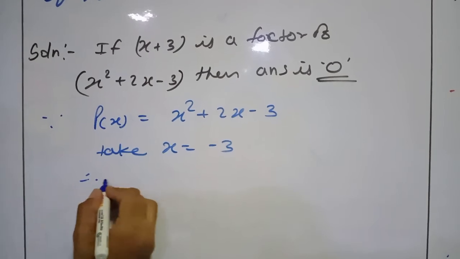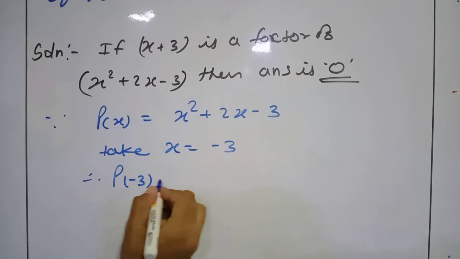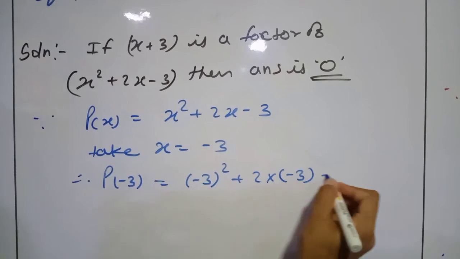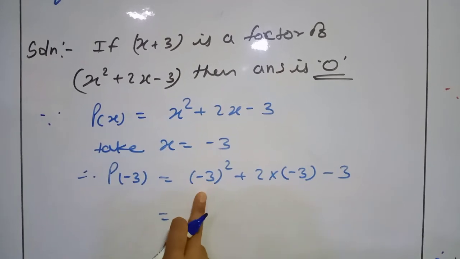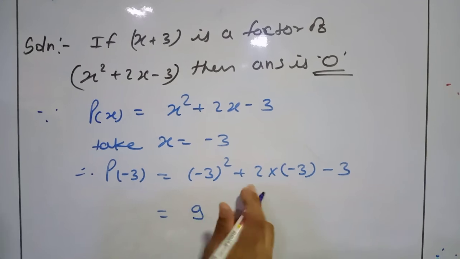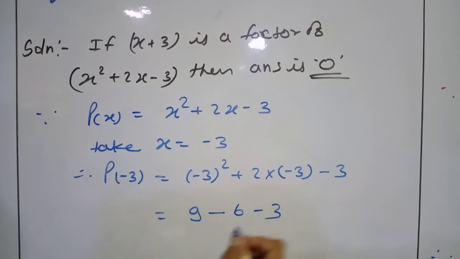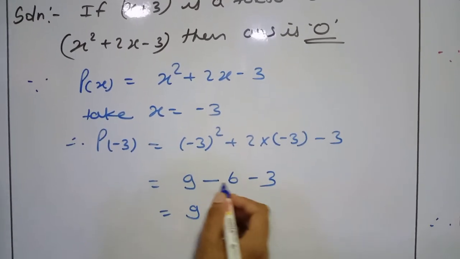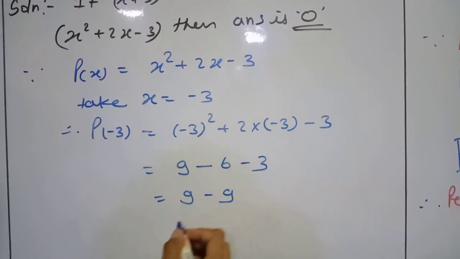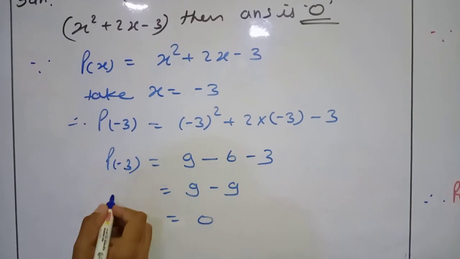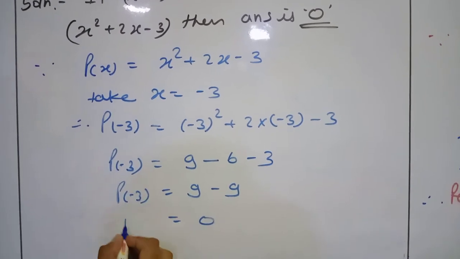Therefore p(-3) is equal to square of minus 3 plus 2 into minus 3 minus 3. Square of minus 3 is 9, plus into minus, 2 into 3 is 6, minus 3. 9 minus 6 minus 3 is 0. We are getting the answer 0. Means p(-3) we are getting 0.